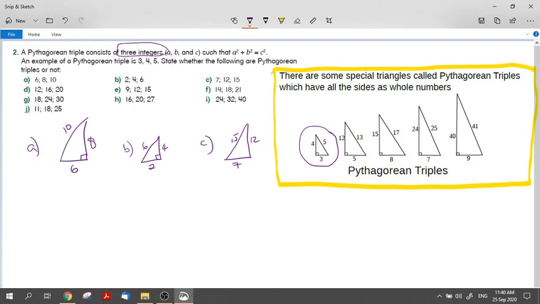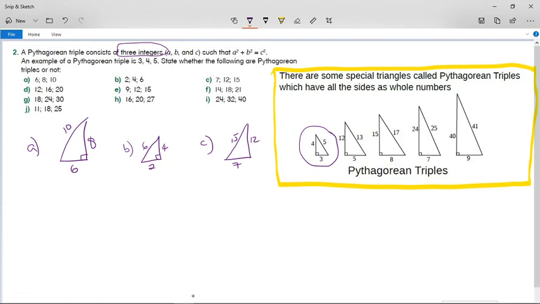The first thing that would make them a Pythagorean triple is that all of the numbers are whole numbers, especially the hypotenuse. You check exactly the same way you do on the 50-50. Pythagoras says a squared plus b squared equals c squared. For number A, 6 squared plus 8 squared equals c squared. 6 squared is 36, 8 squared is 64. 36 plus 64 is 100, so 100 is c squared.